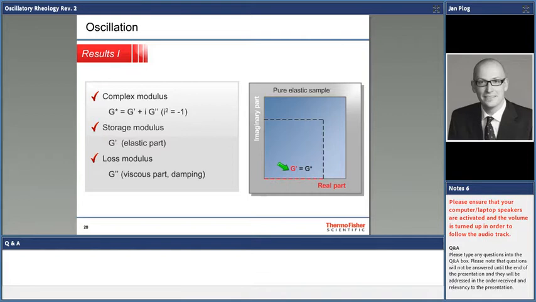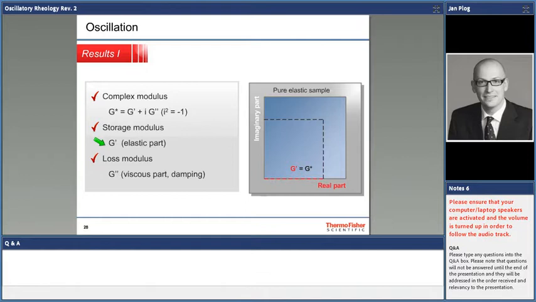Of course, we are smart enough to separate the response of the fluid that we investigate into one part that oscillates without any phase shift. We call that the elastic component, the G prime.